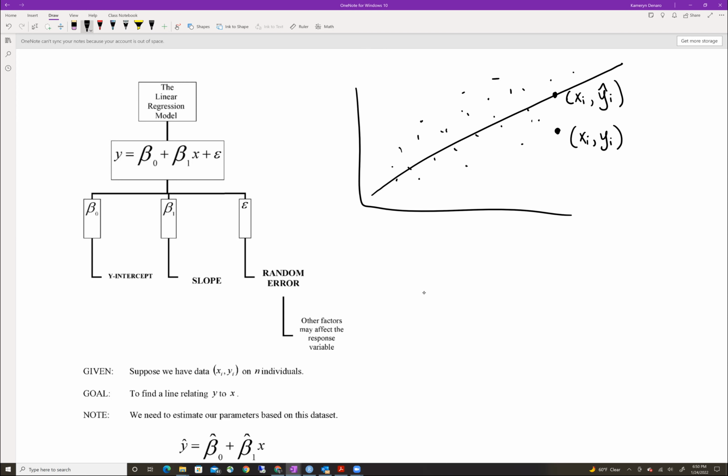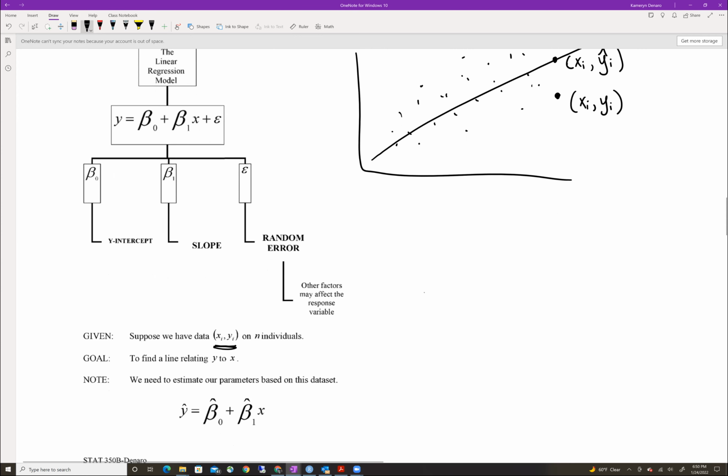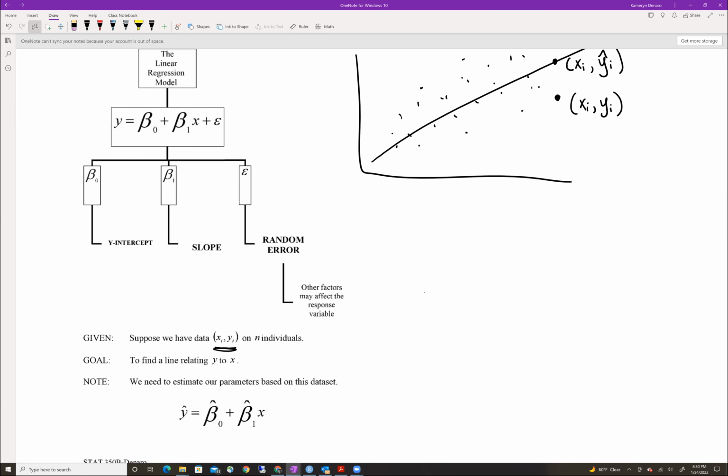All right. So we are going to take data from individuals, and for each person, we're going to have the pair xi, yi. Okay, we're going to find the line relating y to x, and we're going to estimate our parameters. So we're going to estimate the intercept and the slope. And those hats just designate that we are looking at estimates.